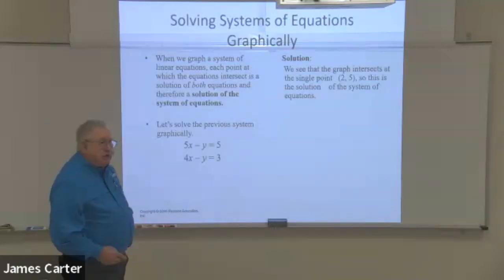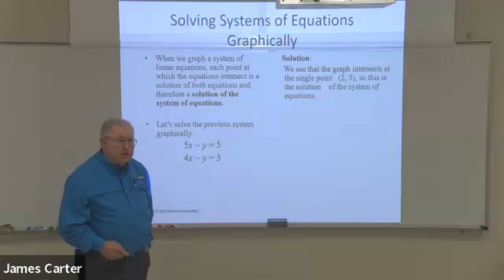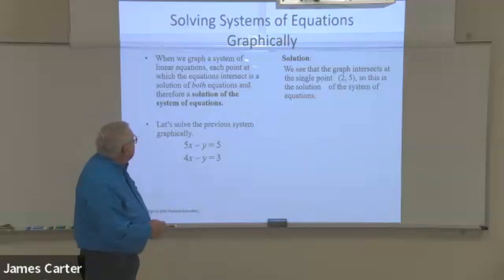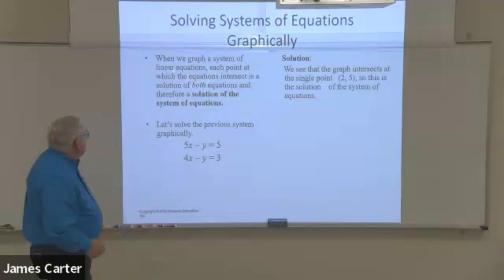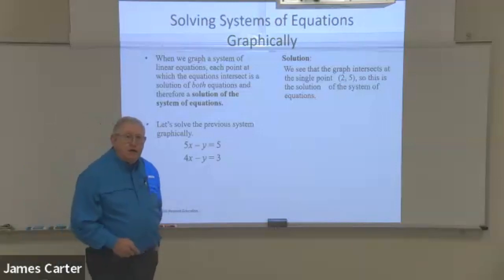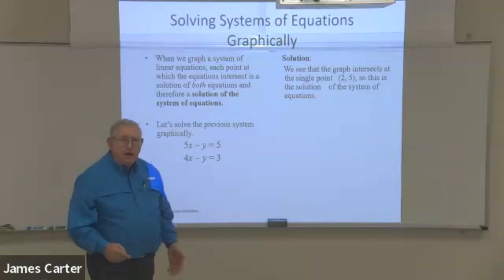I said there were three types of ways of finding a solution. One of them is graphically. Okay, here we have that. We graph the first equation, we graph the second equation. We see their point of intersection, and then we write down that.